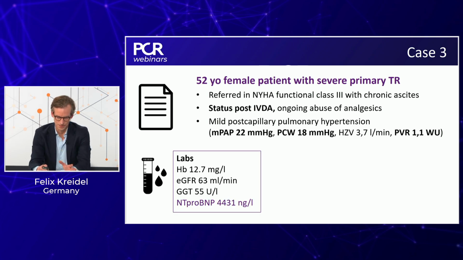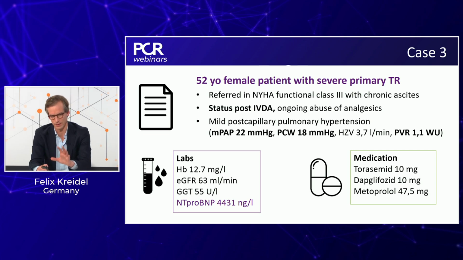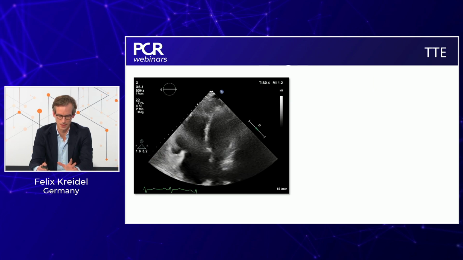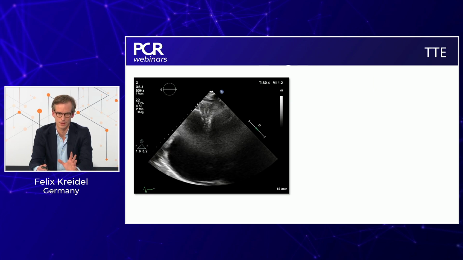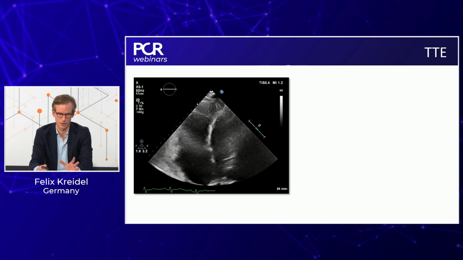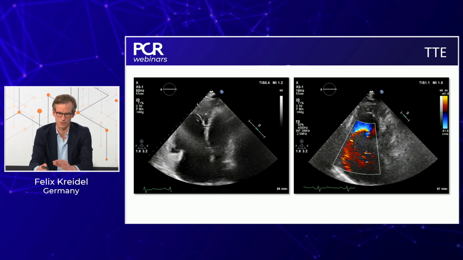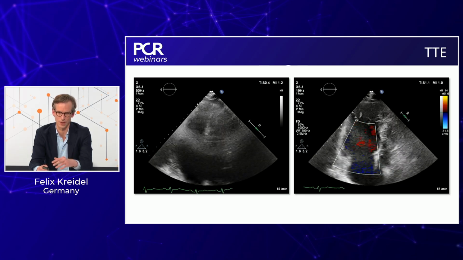That's her labs, and that is her medication. And sorry, I have to correct myself. What I didn't mention here, to focus on the slide, is that she had basically no peripheral veins that could be accessed. So this is mainstay diagnostic echo: huge RV, hypercontractile function, huge color Doppler jet formation.